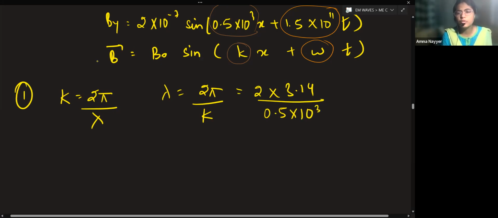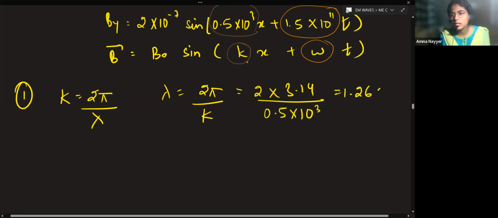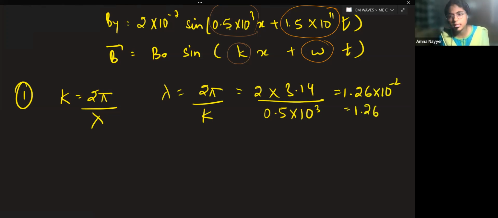So that becomes 12.56 into 10 to the power minus 3, which can also be written as 1.26 centimeters.